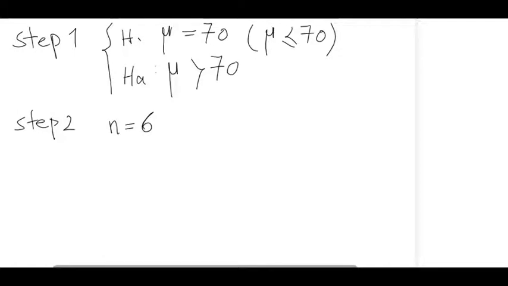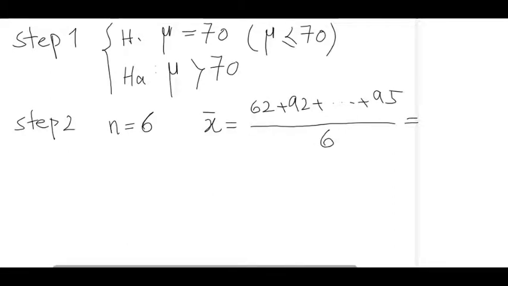So for example, you need to calculate x bar from this, for example, 62 plus 92 plus, for example, 95 divided by 6, and x bar is 79.70. And also you need to calculate S, or sample standard deviation.